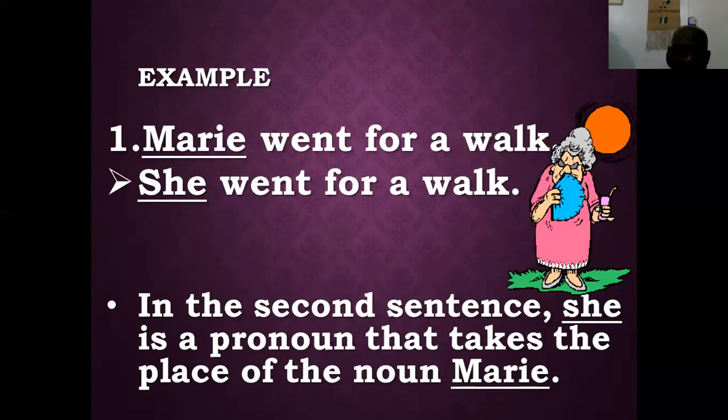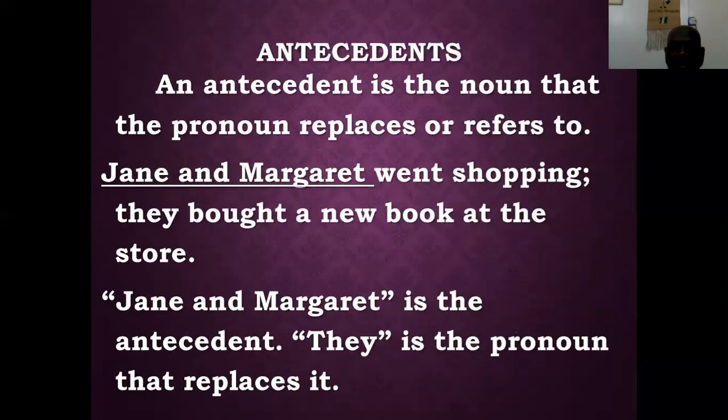So what is an antecedent? An antecedent is the noun that the pronoun replaces or refers to in a sentence. Now look at the example on the slide. Jane and Margaret went shopping.